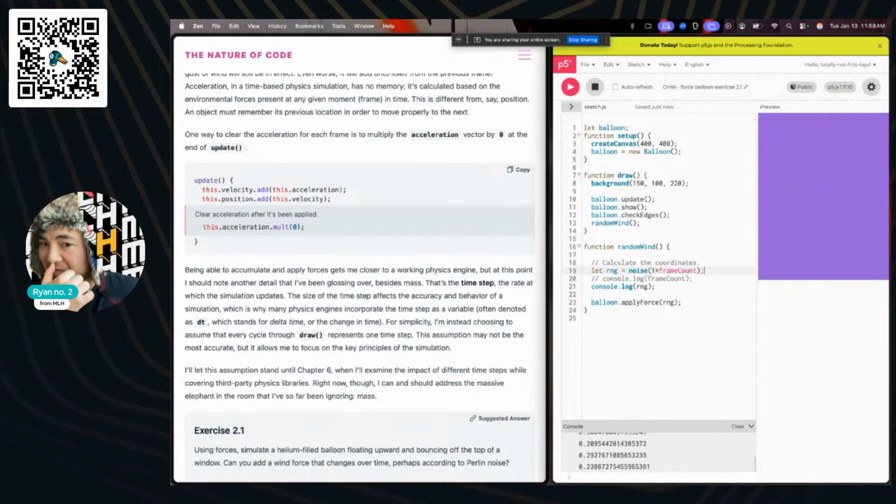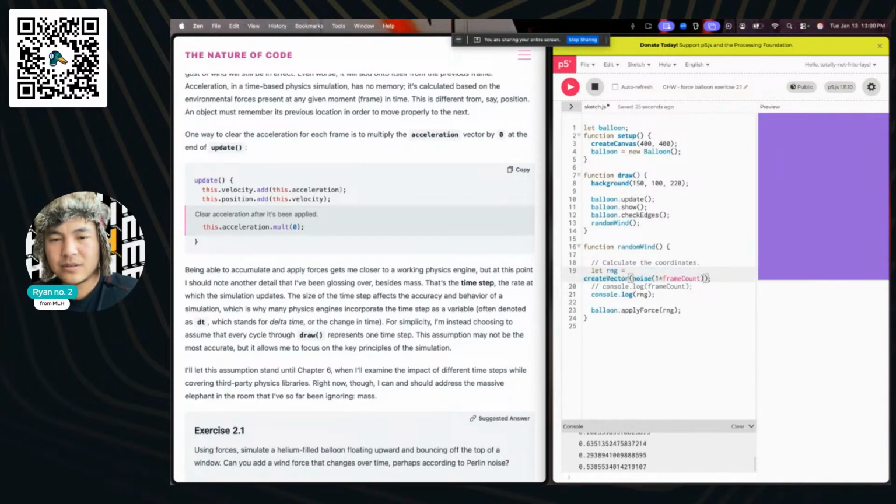and make it so that this is a proper vector instead of just a single value. So around noise, we're going to create a vector. And we need to give it two values.